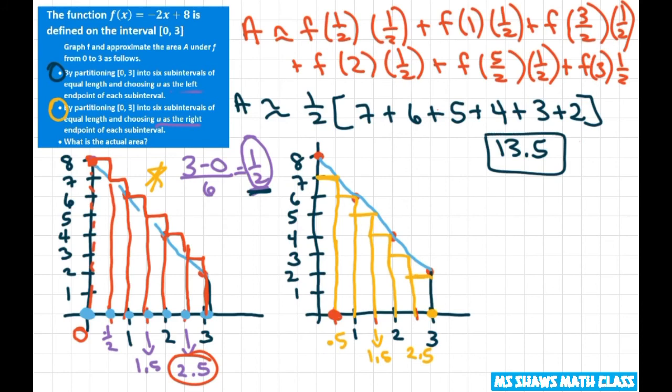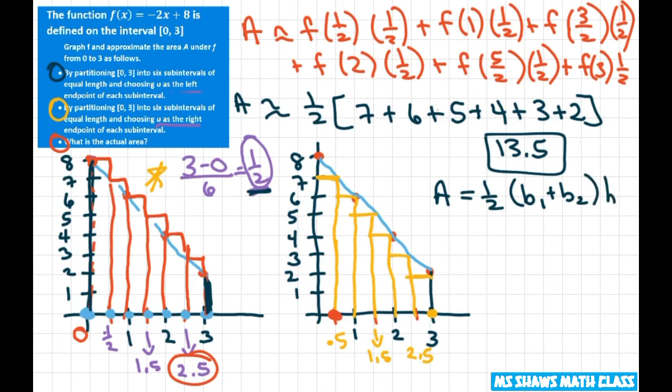Now, it says find the actual area. Well, if you look at this as a trapezoid, we're doing really the area of a trapezoid, and it's a sideways trapezoid, meaning these are your bases here. So basically you have two bases. Since it's sideways, we're going to do 1/2 times base 1 plus base 2 times our height.